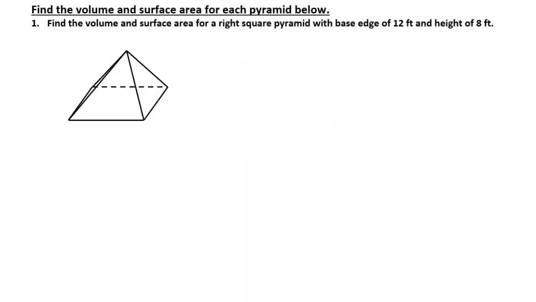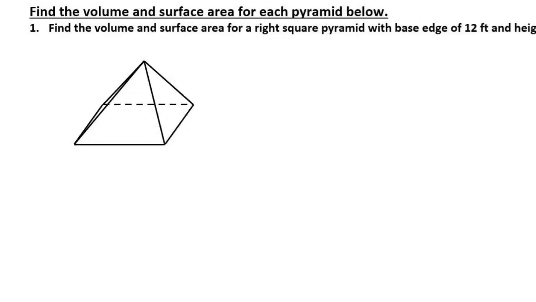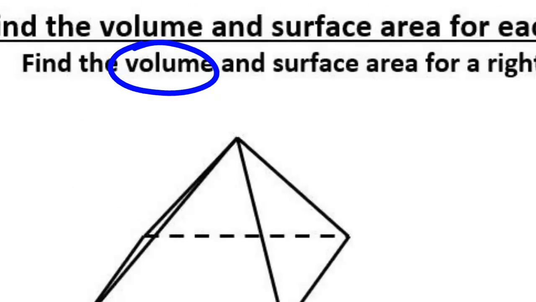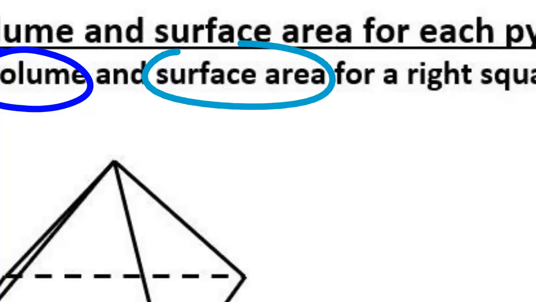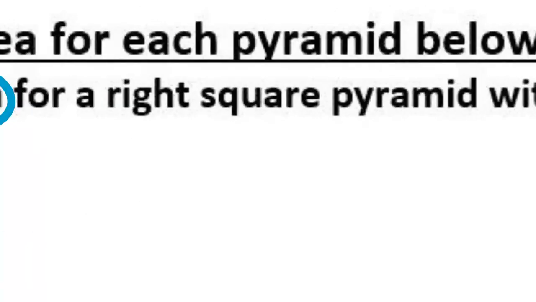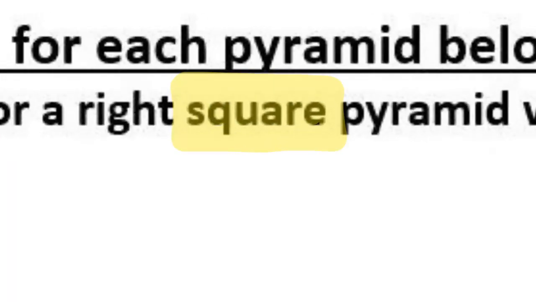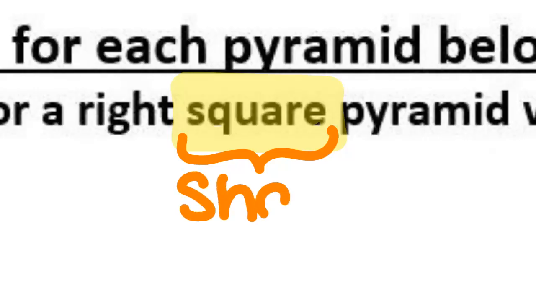Let's try a problem. We want to find the volume and the surface area for a right square pyramid. This part right here is telling me the shape of the base.